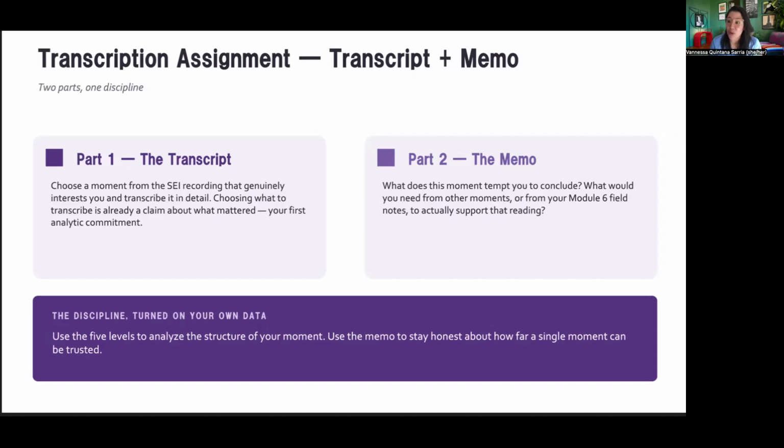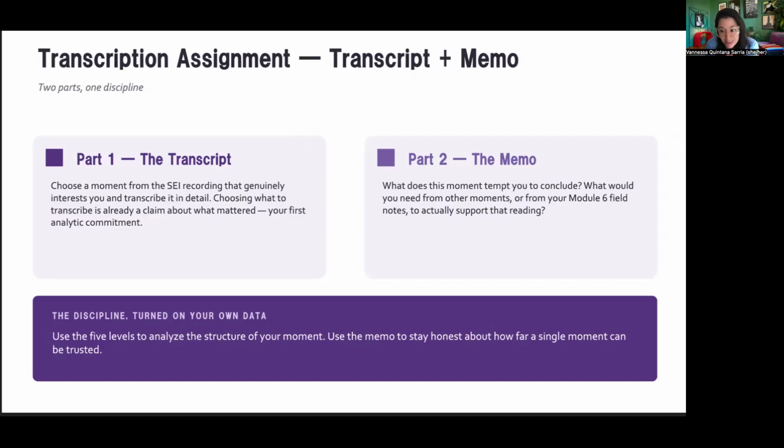And the memo is where the pathway idea does its work on your own data. It asks two questions. What did this moment tempt you to conclude? And what will you need from other moments in the recording or from the log and field note data you build in module 6 to actually support that reading?